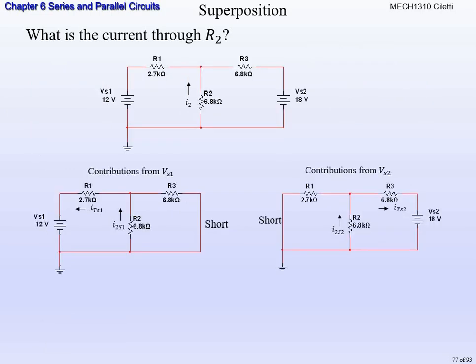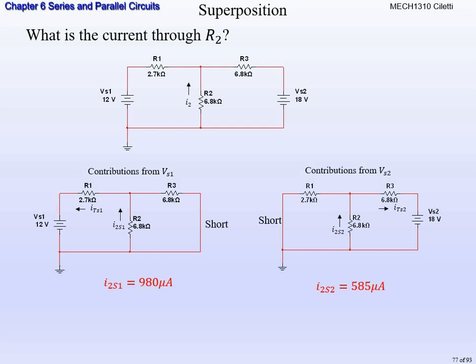What I have here is the original circuit on top, then the circuit from source 1 on the left, and the circuit from source 2 on the right. Notice the direction of I2. When we add these, we calculated these before: I2S1 is 980 microamps, I2S2 is 585 microamps.